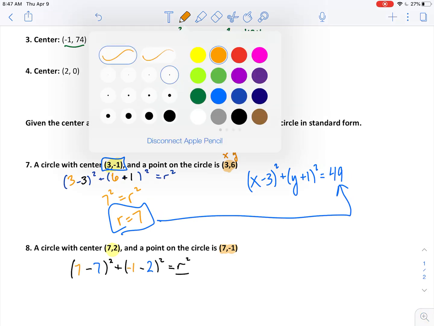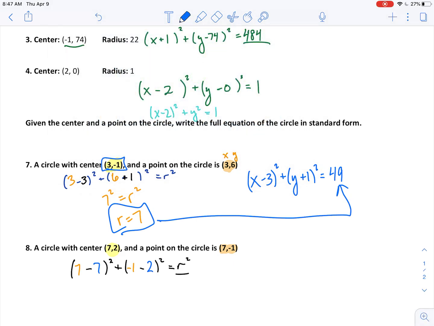Those numbers from our given point on the circle go in there, and we'll say that's 7 and -1.